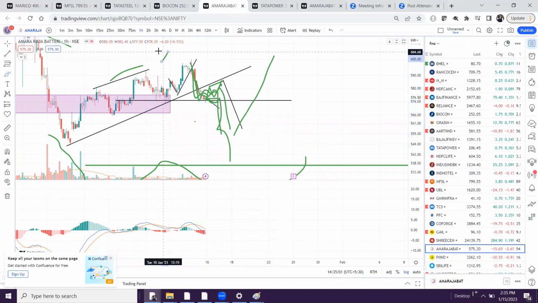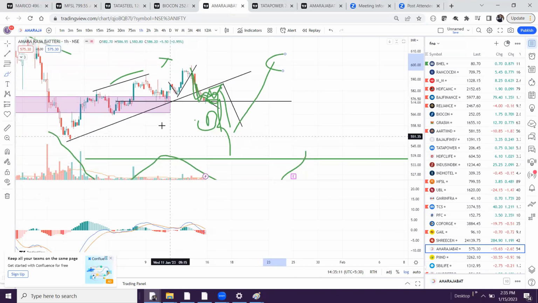Whether this will be A, B, C, or this ABC is over and after that another impulsive move is coming is not clear as of now, but some downside can come. Whether that is small downside or big downside depends on the further price action. So keep this stock in the watch list.